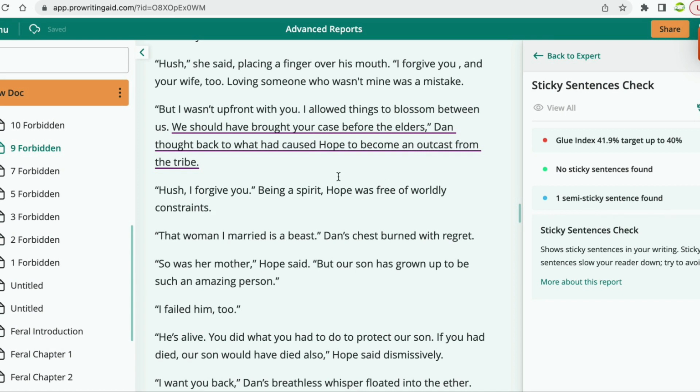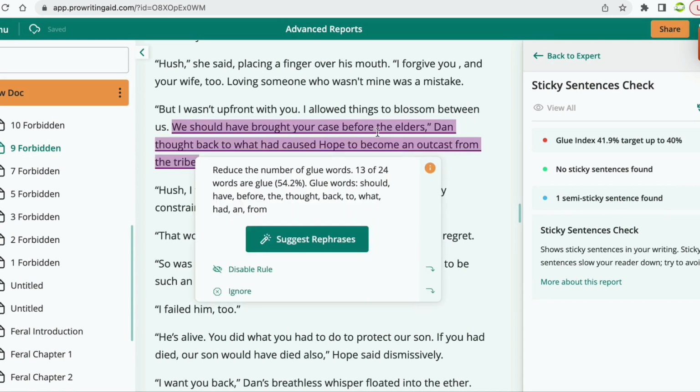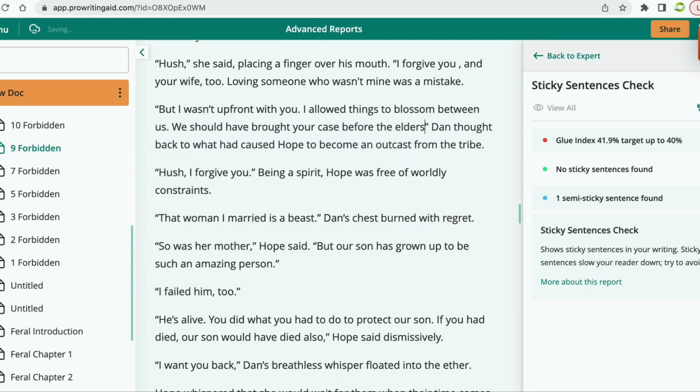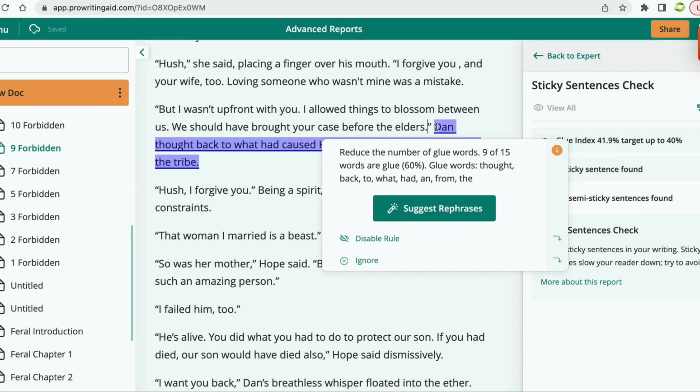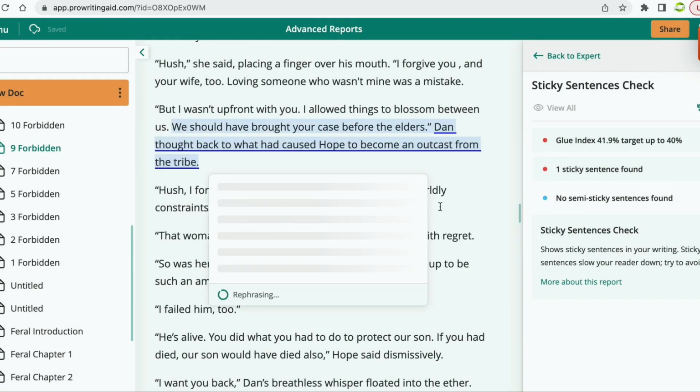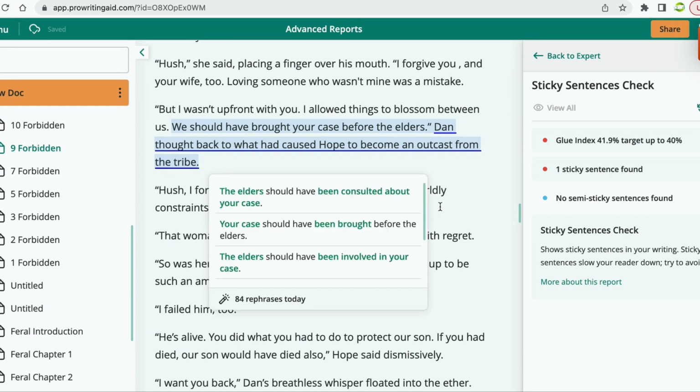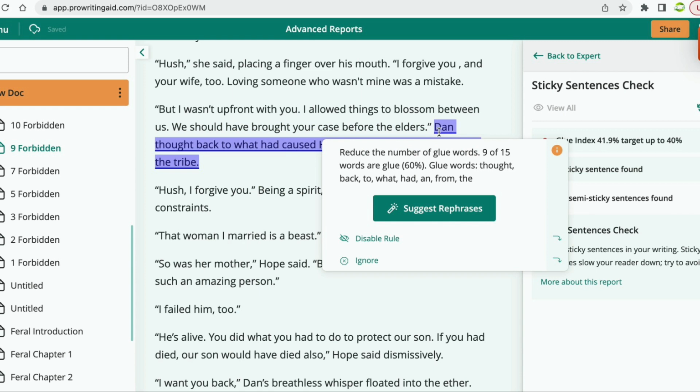Still complaining about that. "We should have brought your case before the elders." You know what? Okay, Dan. "They should have consulted about your case." No. I actually don't want to change what I wrote there, because it's more in line with how they speak and how they interact.